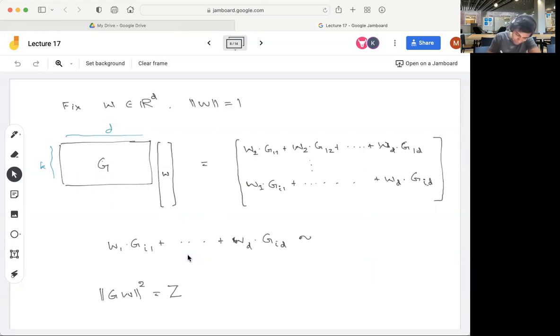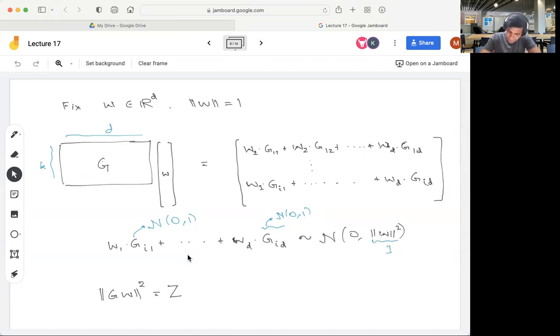Right, each of these entries is a standard Gaussian, and they are independent. And we just saw that a linear combination of independent Gaussian random variables is also a Gaussian random variable. And because it's just a linear combination, the mean remains the same, and the variance is the sum of the coefficients squared, which is just 1. So this is also a standard Gaussian random variable.